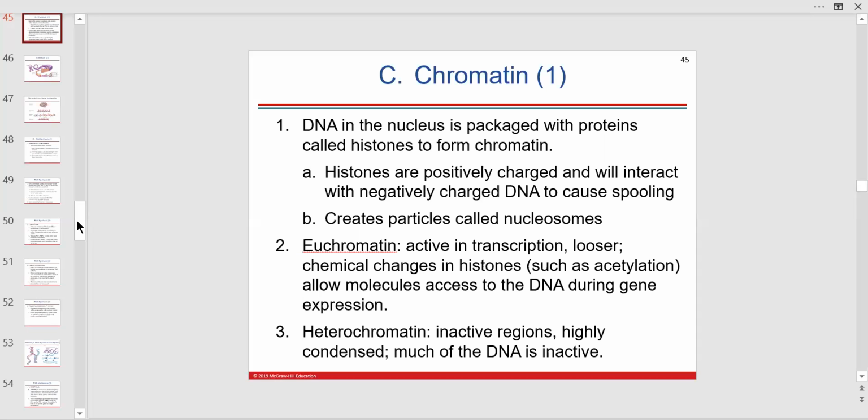I know that's confusing. So chromatin, like we said before, is the DNA within the nucleus with proteins called histones. And they're going to organize these chromosomes when it's time to undergo mitosis. So histones get positively charged, react with the negatively charged DNA, causes that coiling, right? Coiling, and they're held together by hydrogen bonds. That's an interesting point here, when we're talking about that polarity.